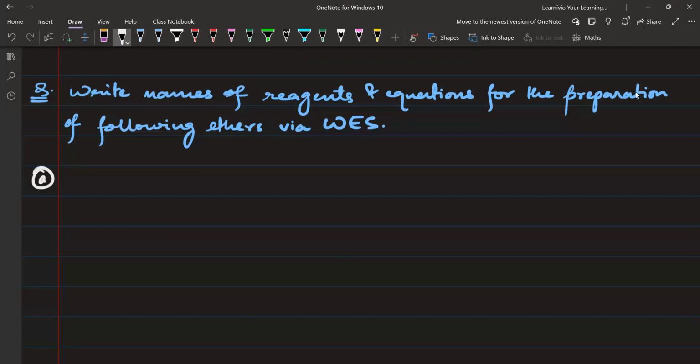A is 1-propoxypropane. Can you guys make 1-propoxypropane? ये 1-propoxypropane आपको बनाना है. I mean, what are the reagents you are going to use? So for that, you need to know how 1-propoxypropane will look like. Please send me on my WhatsApp the structure of 1-propoxypropane. If you don't know the structure of 1-propoxypropane, how will you be able to choose reagents?